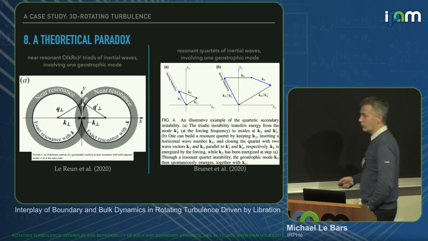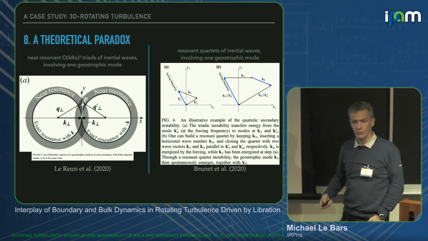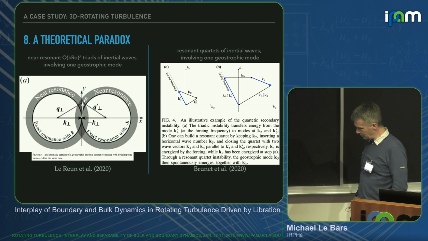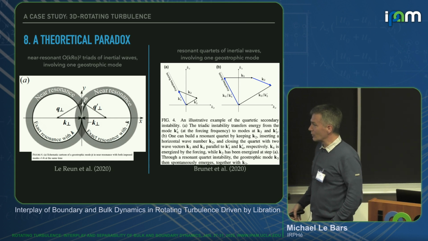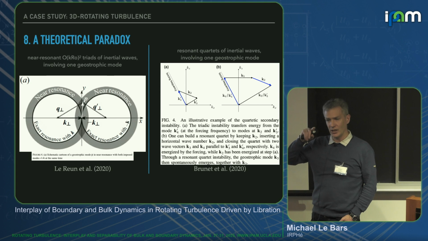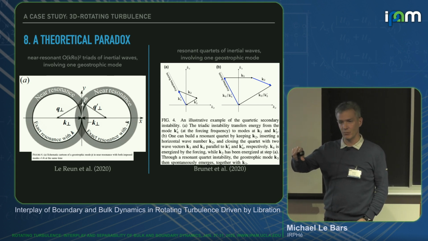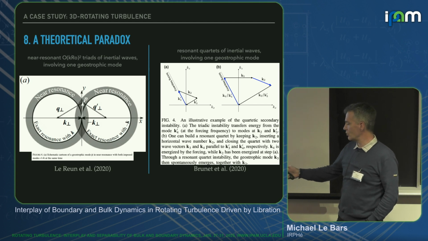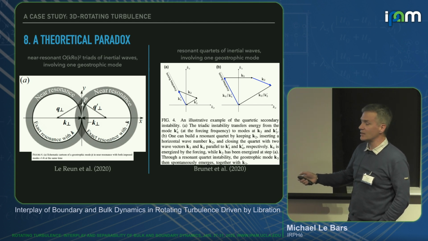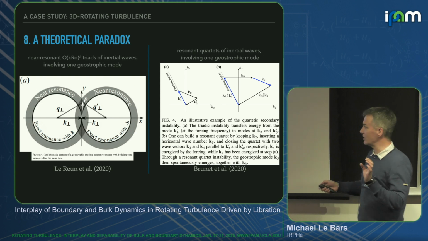So there are two theories, one by us and the other one by the group of Pierre-Philippe. The Greenspan theorem is really for triadic resonance in the limit of zero Ekman number, zero Rossby number. So our model is just to say that, well, let's look not only at exact resonance, but at near resonance triadic interaction.